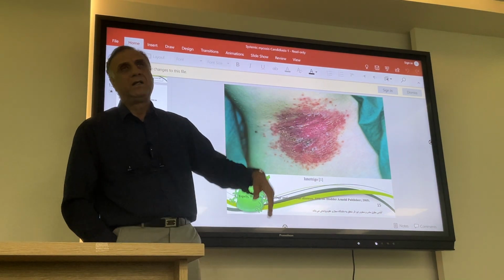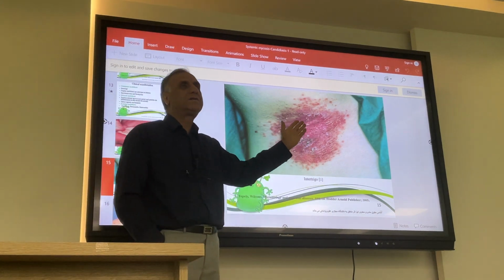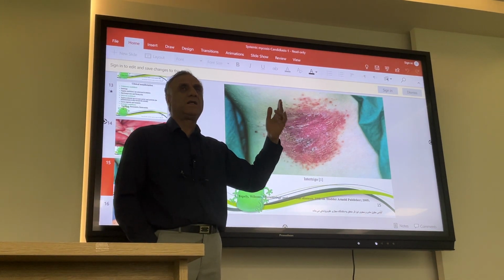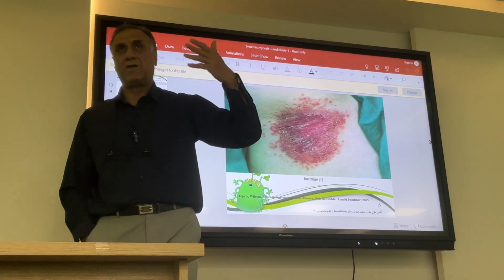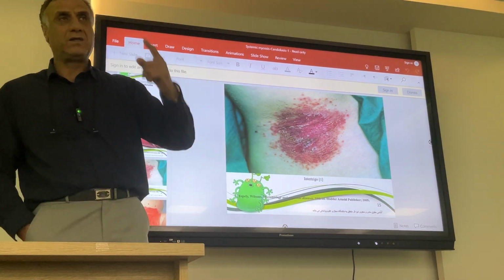In the axilla, you must check for candidiasis, erythrasma, Tinea versicolor, and dermatophytosis.